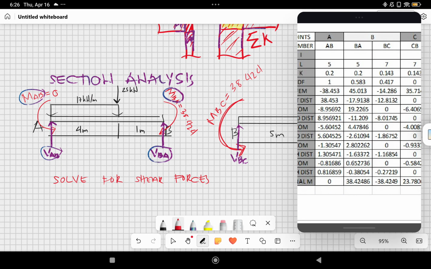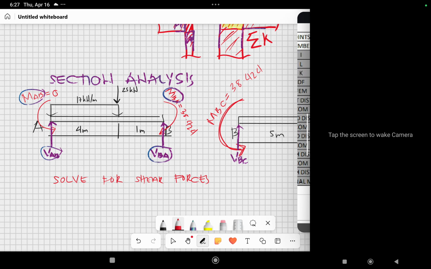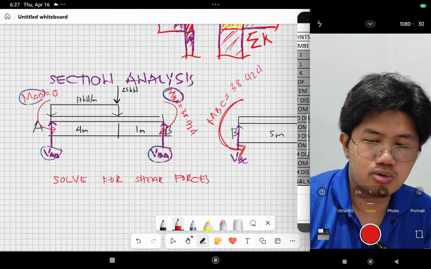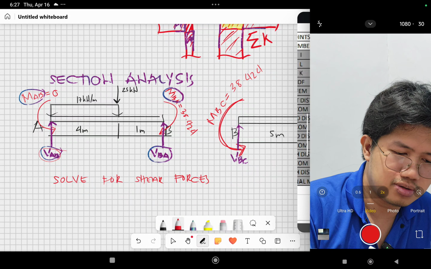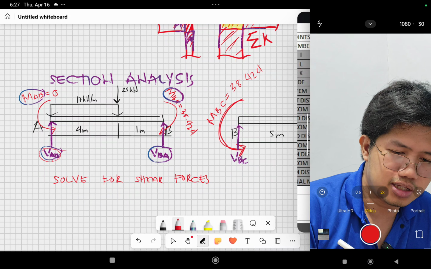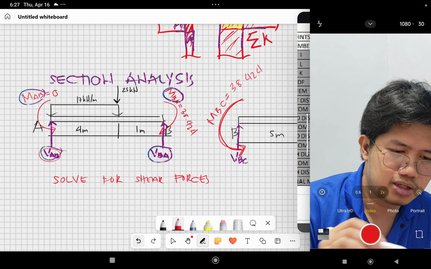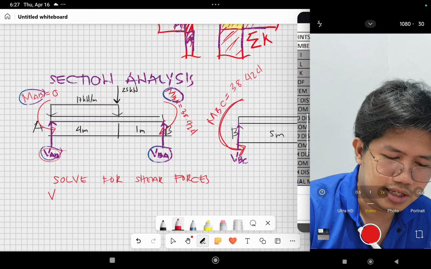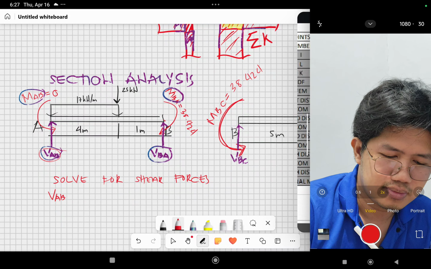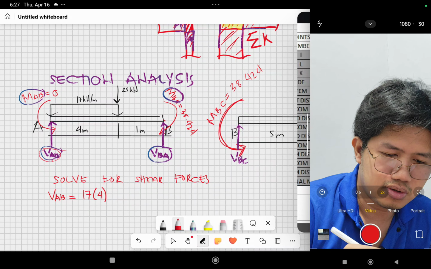Para ka lang kumukuha ng reaction, no? Para makuha mo to, titingnan mo lang yung point na to, hindi to lilitaw sa equation mo, and then you solve. Okay, so sample lang natin. Sige. So VAB, that is equals to 17 times 4, no?